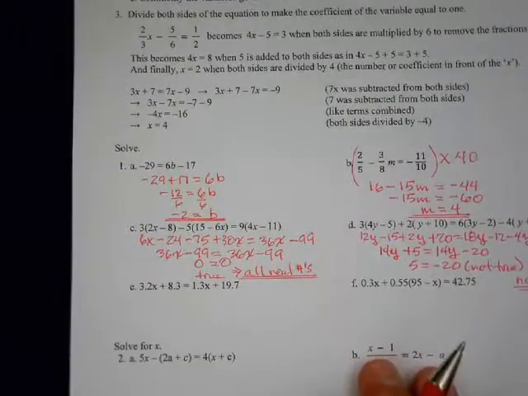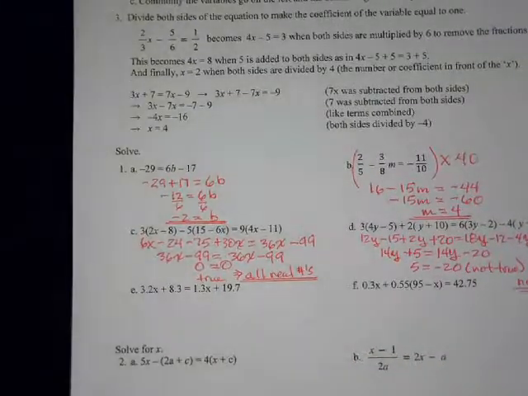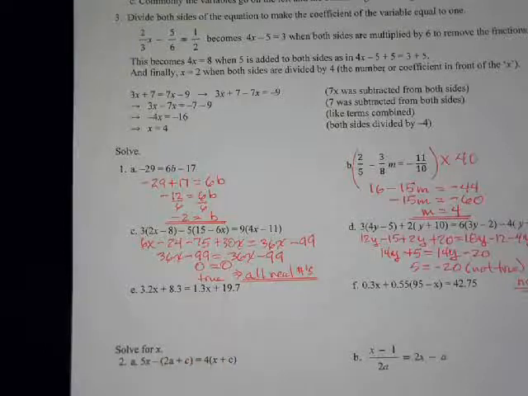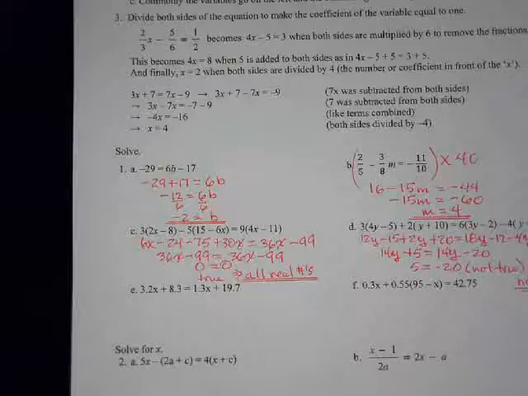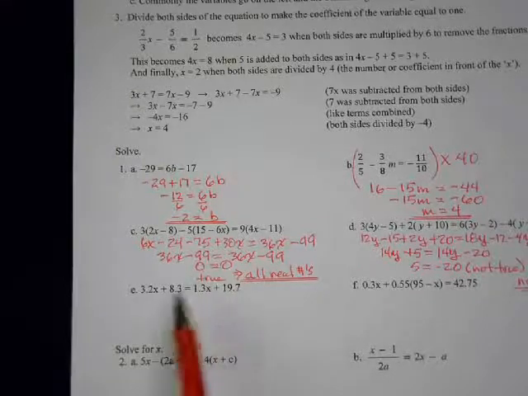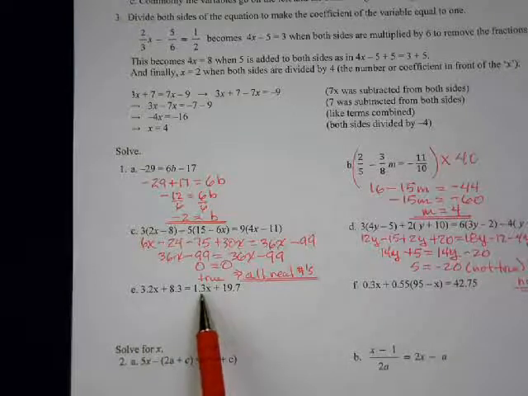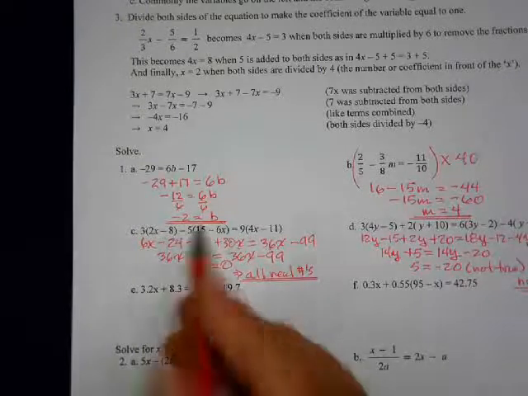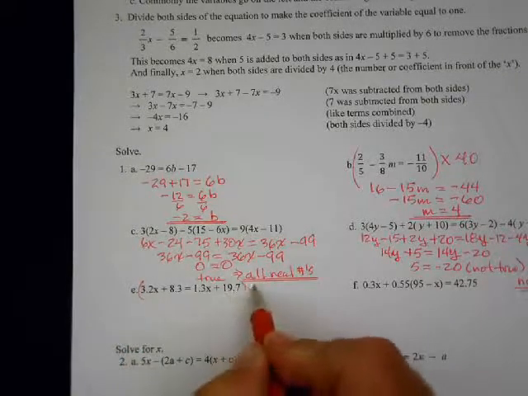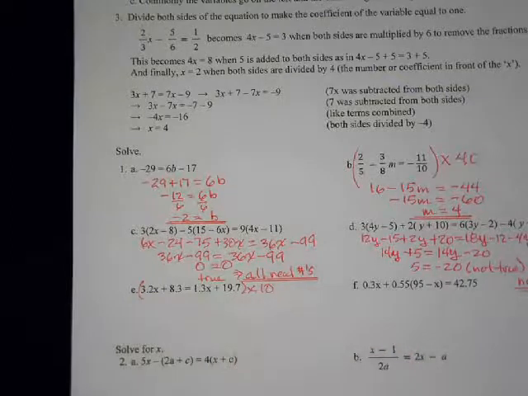All right, now, next one, I have some decimals, and I like to treat decimals like fractions. In other words, let's get rid of the decimals. So I note that this is the tenths place, tenths place, tenths place, and tenths place. So I'm just going to take everybody and multiply it by 10. Now again, this is not a step that you have to do.